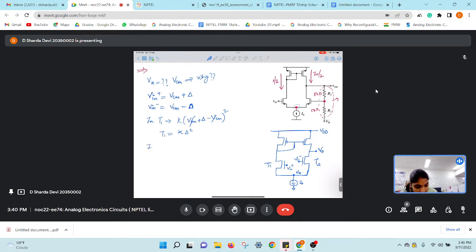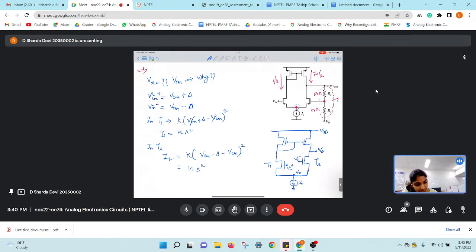In T2, let's say I2 will be K times Vcm minus delta minus Vcm, whole square. So this is K delta square again. For these two currents to be equal, Vx should be Vcm.